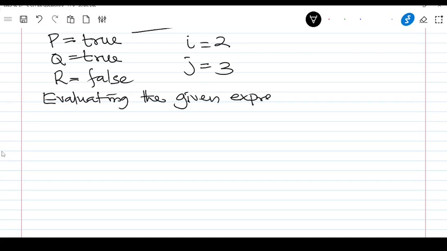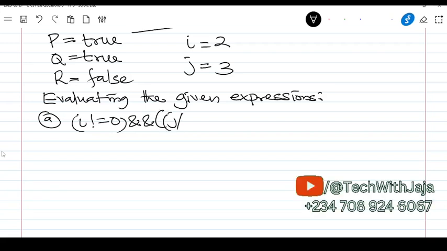For the A part, we have I is not equal to 0 and j divided by I is greater than 6. Okay, so let's solve it now. First I'm going to evaluate this: what is I is not equal to 0?